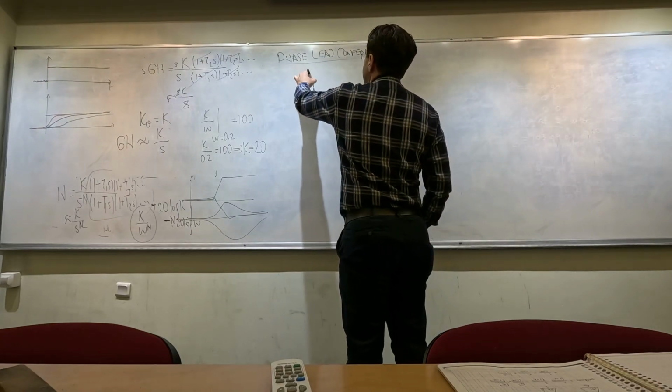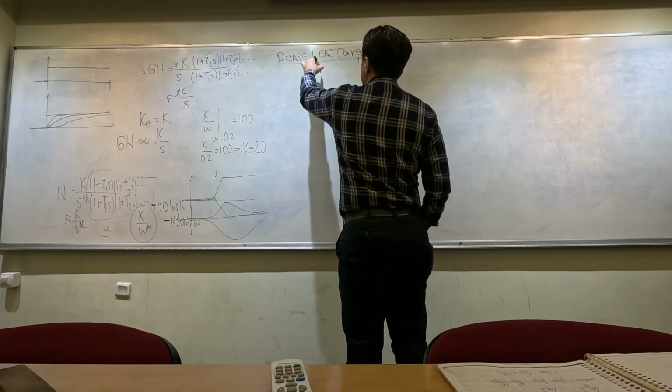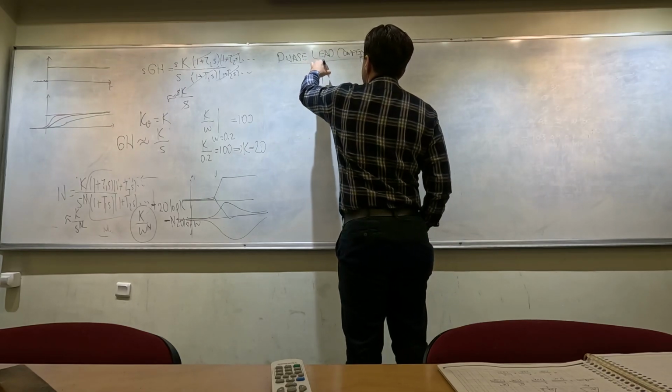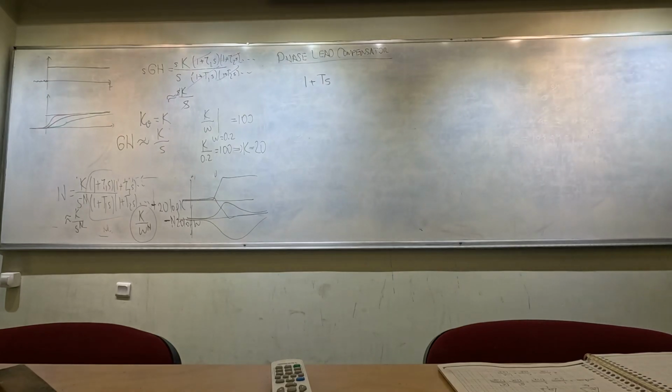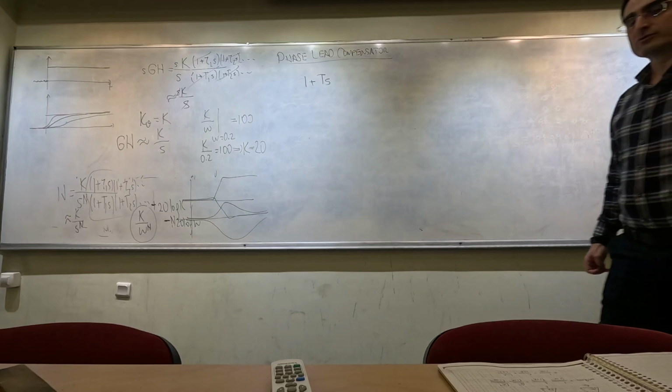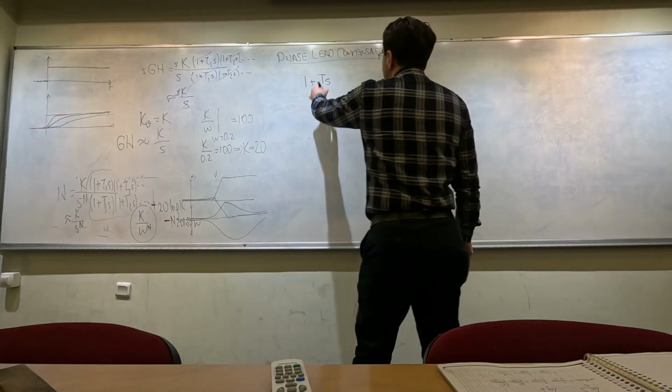If you have a compensator in the following form, 1 plus, let us say, Ts, what type of controller is this? It is not only proportional. This is a PD controller. Okay? So this is our PD controller.